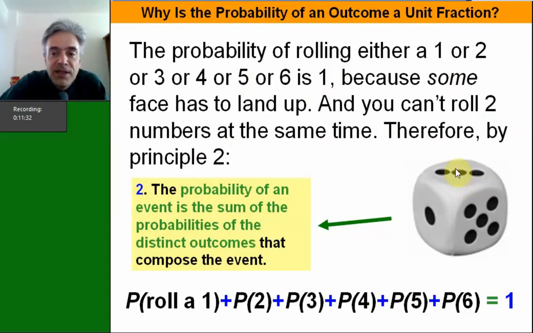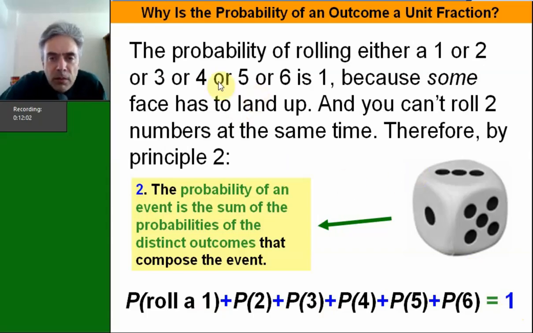So you can use this equation: the probability of 1 plus the probability of 2 plus the probability of 3, 4, 5, and 6, if you add them all together, it's going to be 100%, because one face is going to come up. You probably don't know which one is going to be, right? But one of them is going to be facing up. So the sum of all the probabilities is going to be 100%.